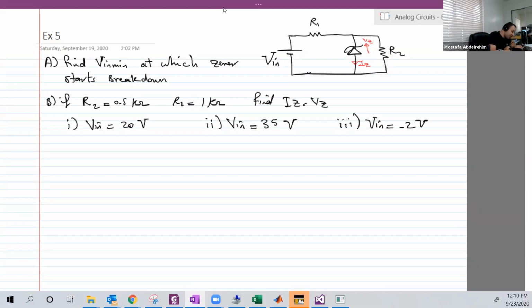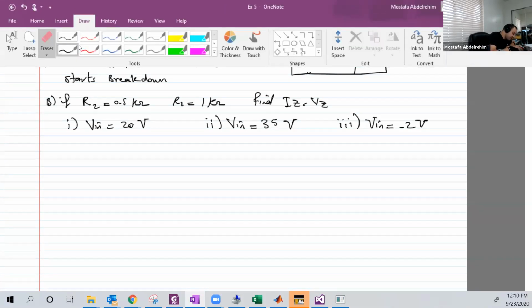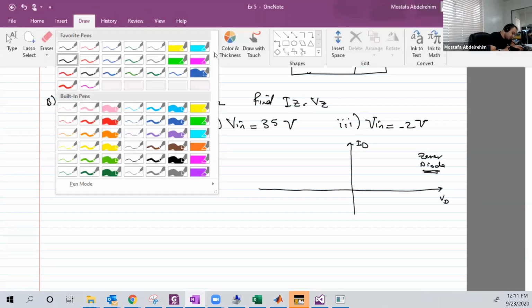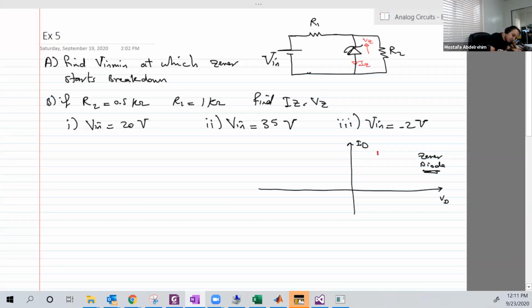So let's first draw the characteristics of Zener diodes. Similar to a normal diode, except that we break down at some value here, at V breakdown.